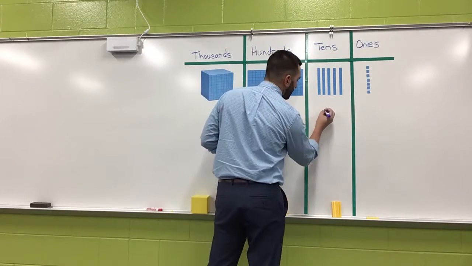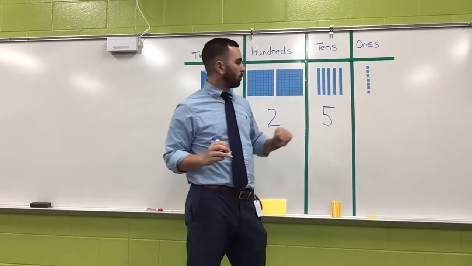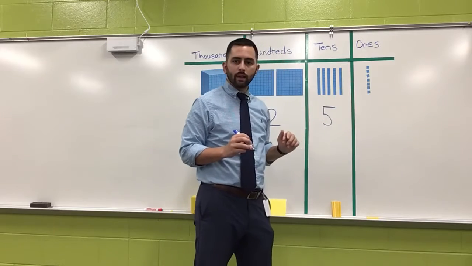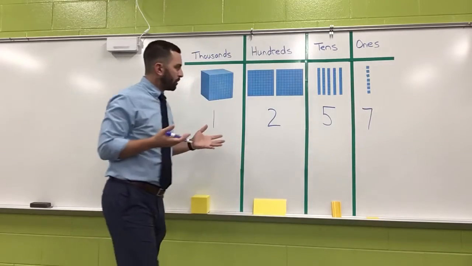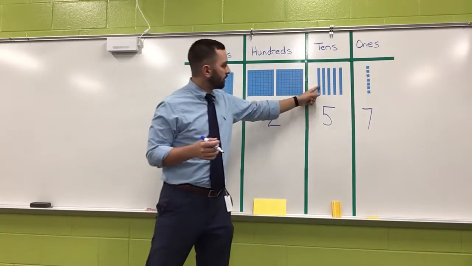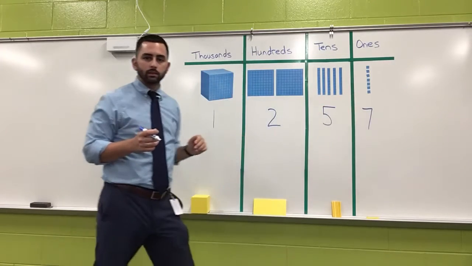So we'll put a 5 in our tens place. And finally, we get down to our ones, where I have 1, 2, 3, 4, 5, 6, 7 ones. All right. So up on the board here, we have 1,000, 200s, 5 tens, and 7 ones.